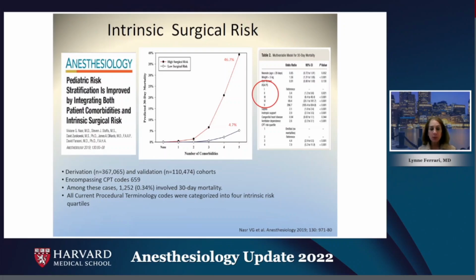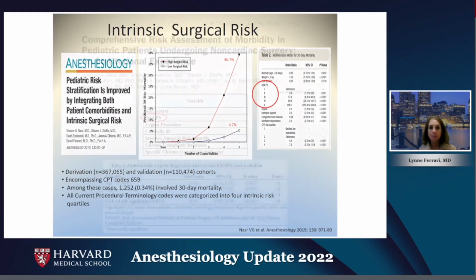These patients were divided into 4 quartiles, so that the intrinsic surgical risk can be in quartile 1, 2, 3, or 4. And you see here again, an accurate ASA physical status determination is an integral part of this calculation as well.